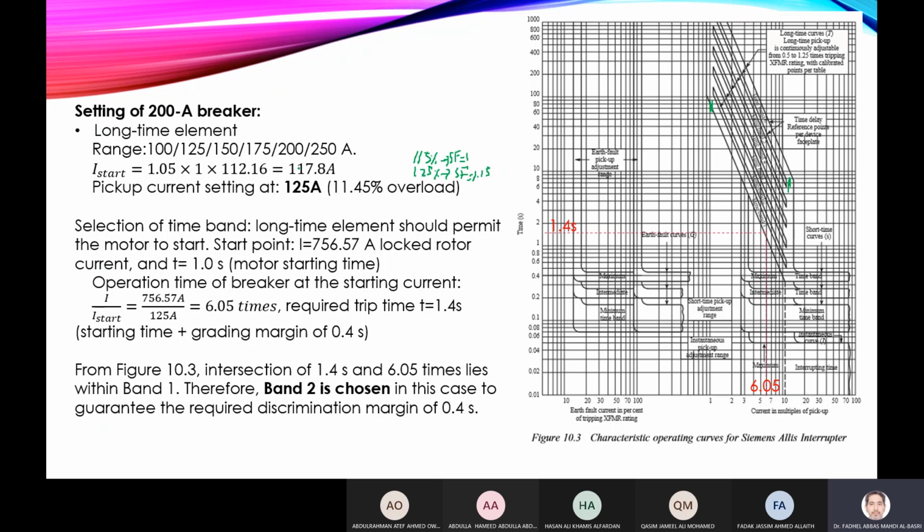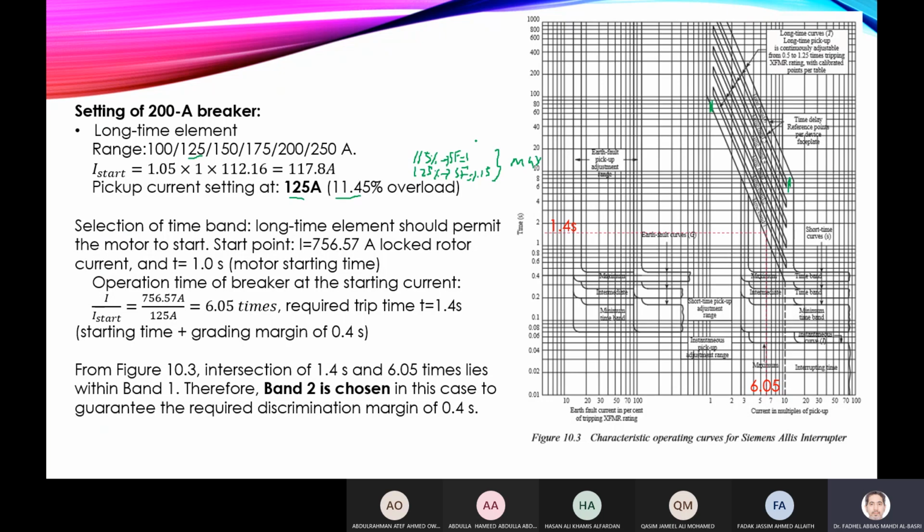So from that, the nearest one is not 100, it's 125 is our setting. This provides like 111%, so within the maximum limits. So this is the maximum setting, which is within 115%.